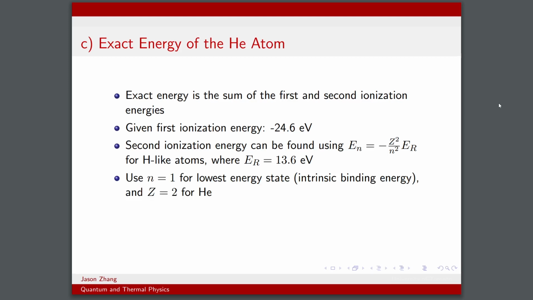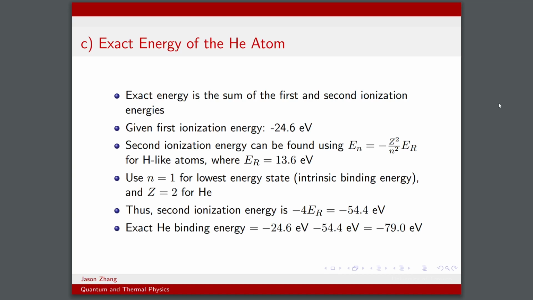Because there's one electron in the helium 1 plus hydrogen-like atom, we'll use n equals 1 to represent the lowest energy state. This is also known as the intrinsic binding energy. And we use Z equal to 2 because helium has 2 protons in its nucleus. So we can calculate the second ionization energy. It's just equal to minus 4 E sub r, which is negative 54.4 electron volts.